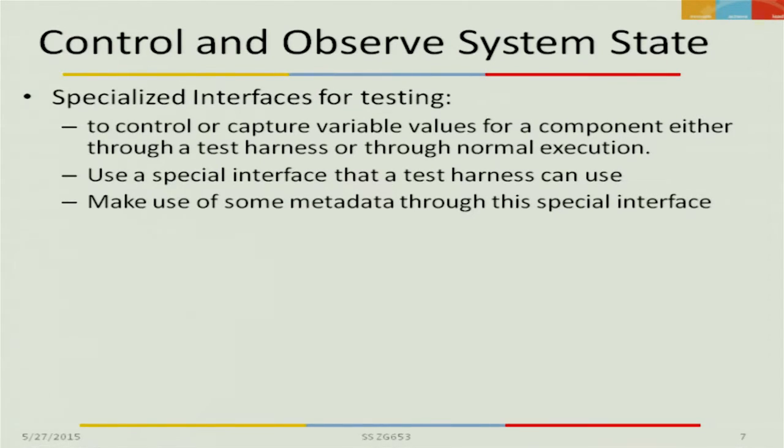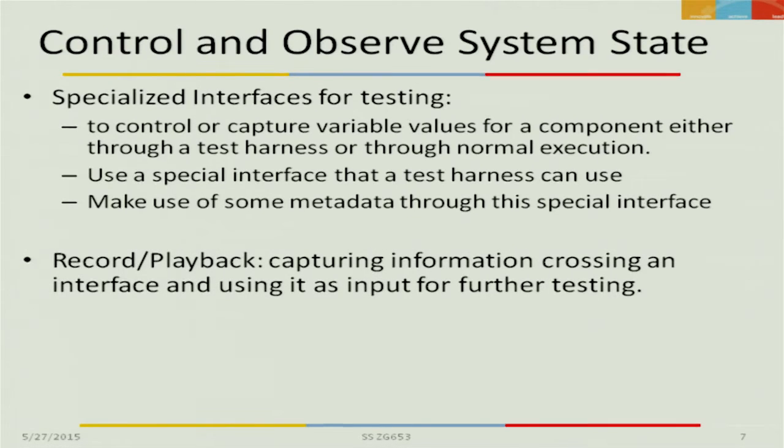Obviously this interface will have some implementation, and in the implementation one could write code to control and capture different variable values for a component. Through this special interface, one can also expose different types of metadata which could be useful for the test harness.